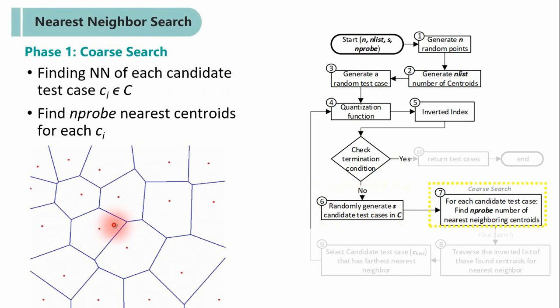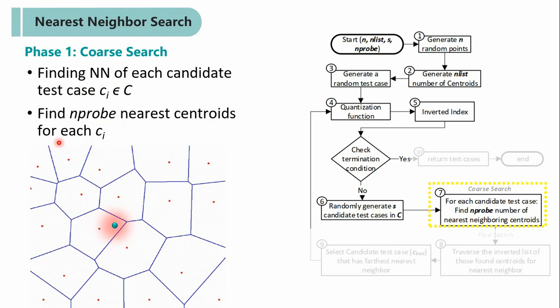Coarse search is the rough search that finds the relevant cell of this candidate test case. So for example, we can see that this candidate test case lies in this region, but the probe parameter specifies the number of nearest centroids for each candidate.